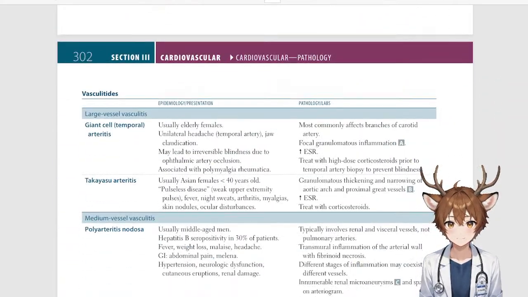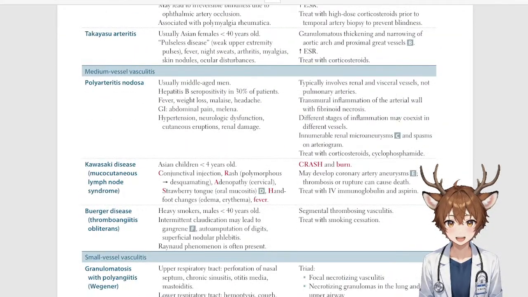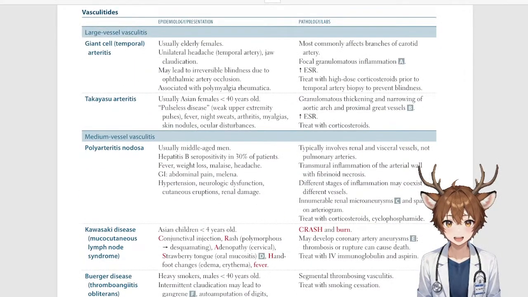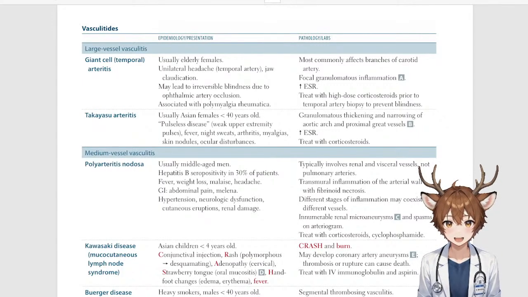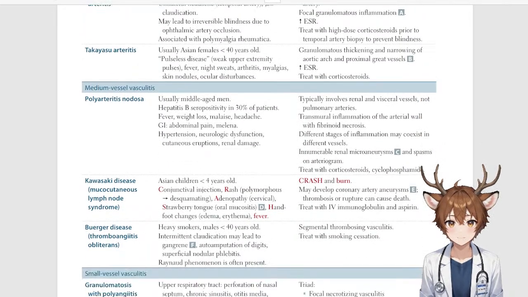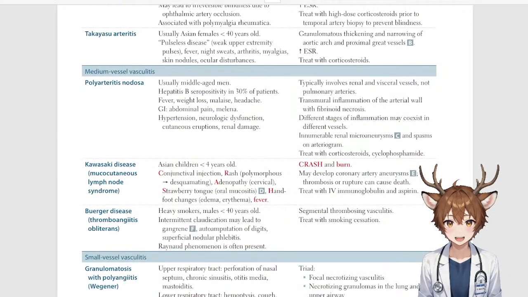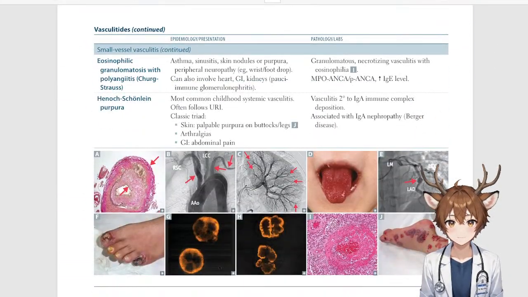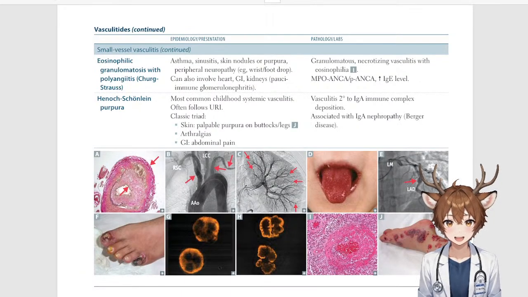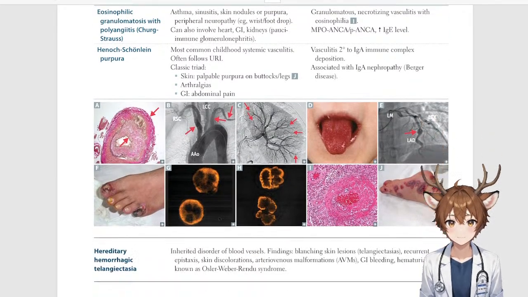Okay, and I want to just show you this over here. If you want to read this, go ahead, pause the video. This is vasculitides: large vessel vasculitis, medium vessel vasculitis, small vessel vasculitis, and small vessel vasculitis continued.